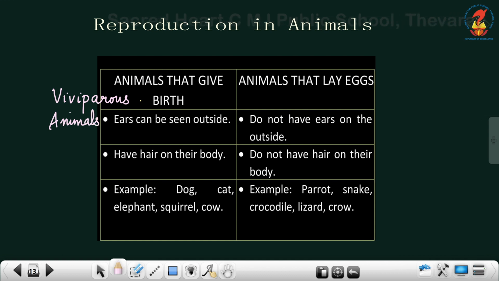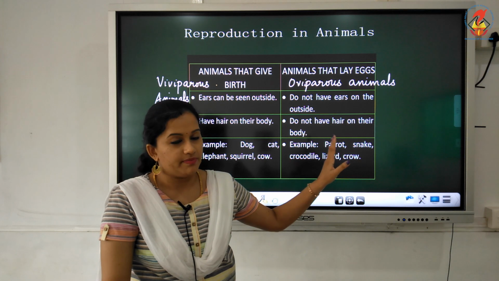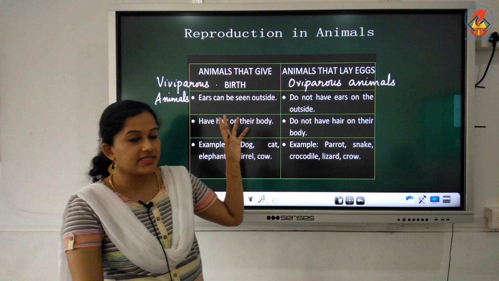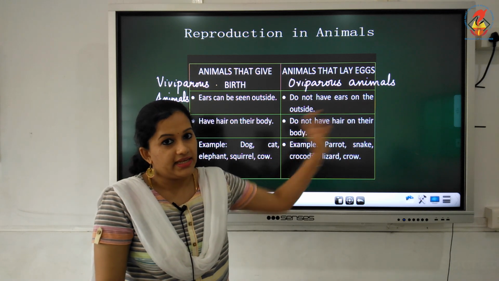And animals that lay eggs can also be called oviparous animals. Okay, so let us see what are the differences between oviparous animals and viviparous animals. That means animals that give birth to young ones and animals that lay eggs.